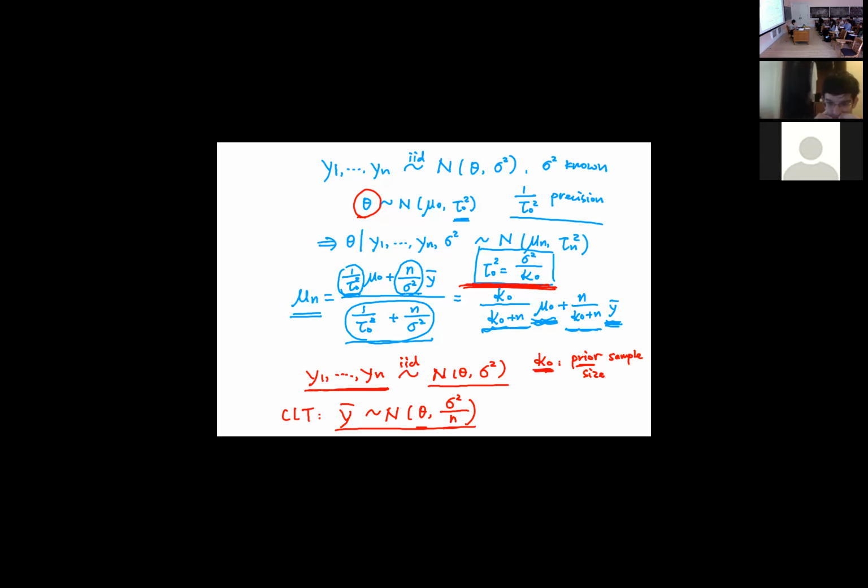That's why the kappa goes under sigma squared, because tau 0 squared is the variance for the normal of the prior mean. Let me say that again.